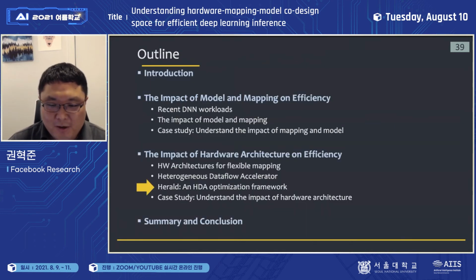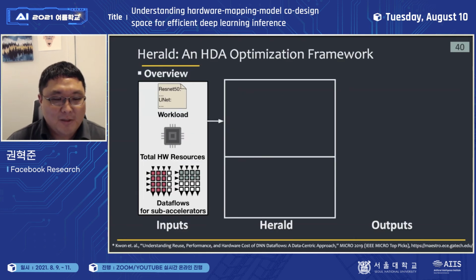So let me give a quick overview of Herald. The inputs to Herald are the workload descriptions, which means the deep learning models, the total hardware resources we have in the heterogeneous data flow accelerator, and the data flows to use for each sub-accelerator.